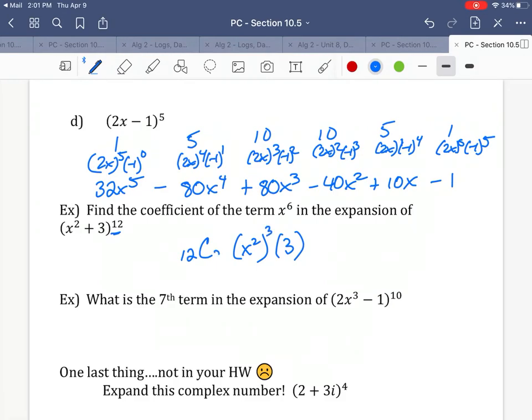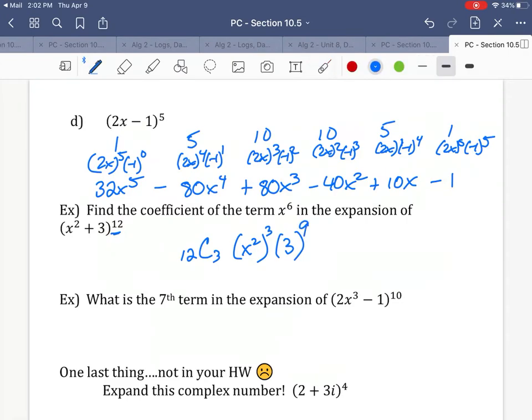Well, that means there would be a 3 right here. And I don't know if you noticed, but these powers right here, 2 plus 3, 2 plus 3, 1 plus 4, 0 plus 5, they all add up to the exponent. So that means that I need 3 plus this to add up to 12. So that must be a 9 then.